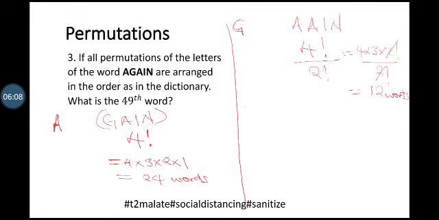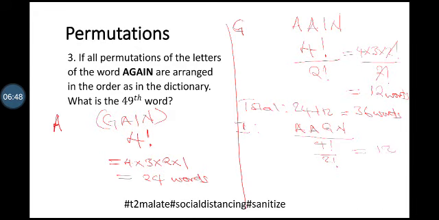How many words do we have in total? 24 words starting with the letter A plus 12 will give us 36. Our interest is to find the 49th word. So the next letter from G is I. So if we're going to have every word starting with the letter I, the letters left for us to arrange are A, G, and N. So the number of ways that we can arrange these letters is 4 factorial over 2 factorial, because A is repeating, and this is equal to 12.